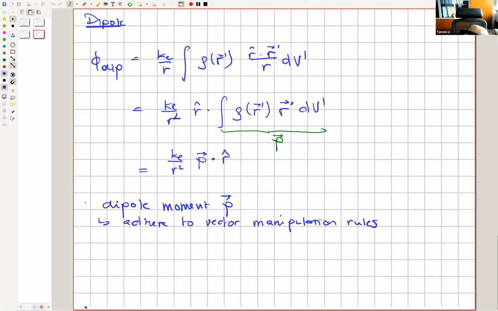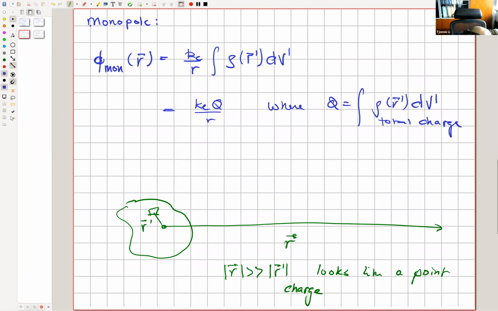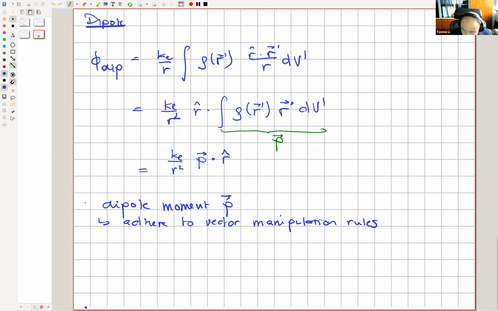Okay, so now let's take a closer look at these first two things: we've got the monopole and the dipole. I want to give you a good question in the following sense. I know how to define my monopole here, and I know how to calculate my dipole given this.